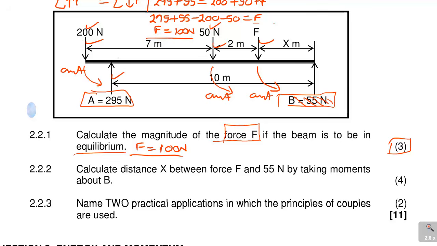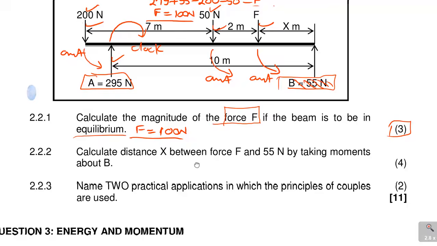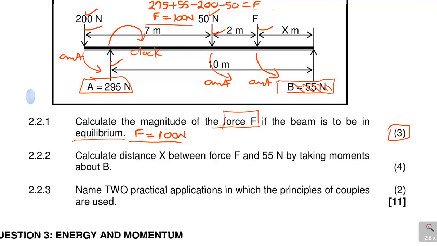But look, A is the only force that will do a clockwise. So now I can actually use this information to calculate. I'll just use this space here. Remember, it says sum of clockwise moments is equal to sum of anti-clockwise moments.